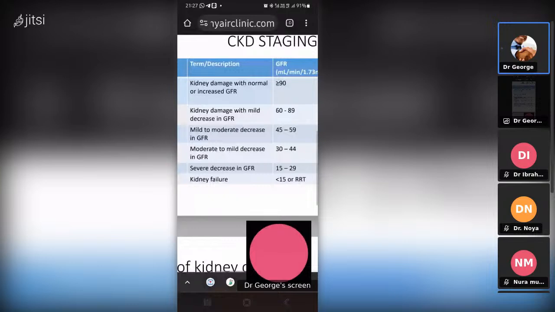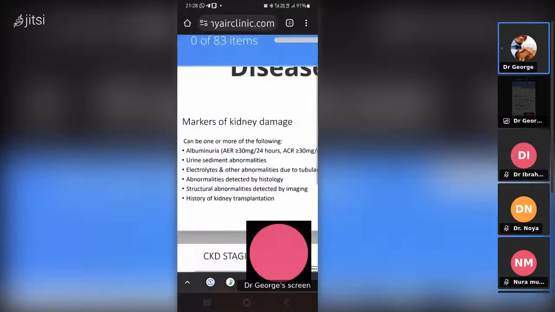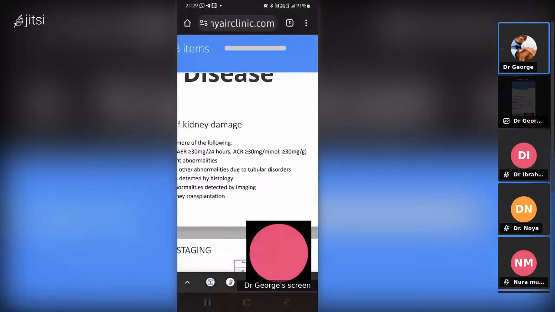Then how do you detect kidney damage? These are the markers. There's albuminuria, when you do albumin creatinine ratio greater than or equal to 30 milligram per millimole or greater than or equal to 30 milligram per gram. There are also other variables: urine sediment abnormalities, electrolytes, and other abnormalities.